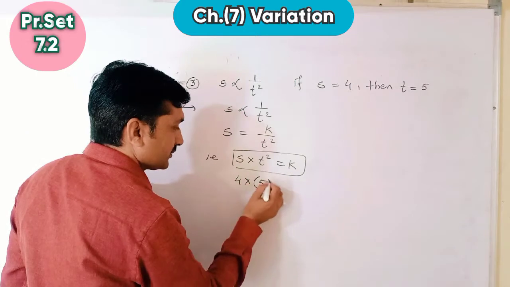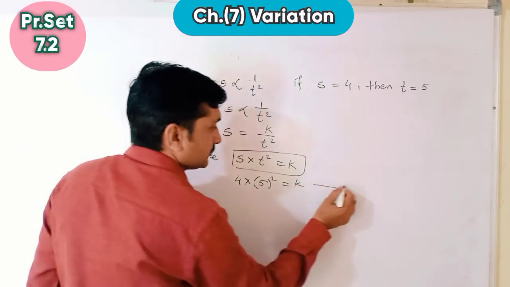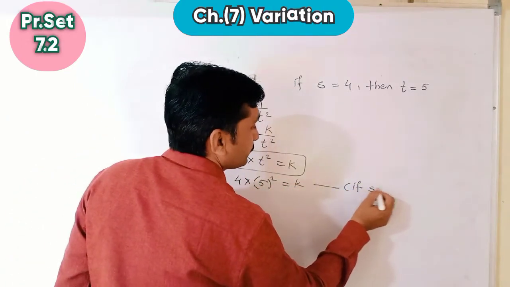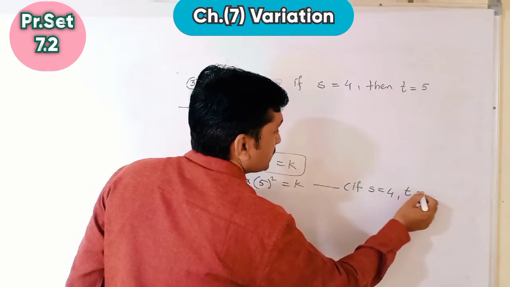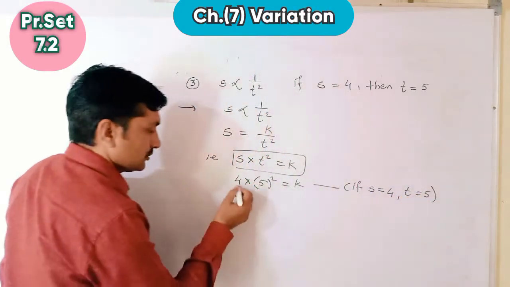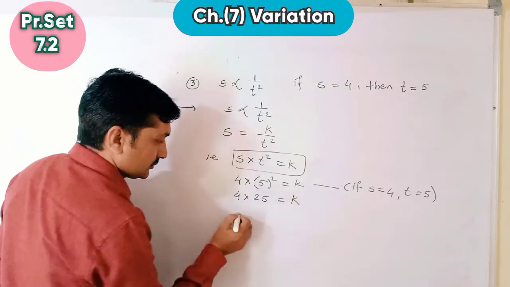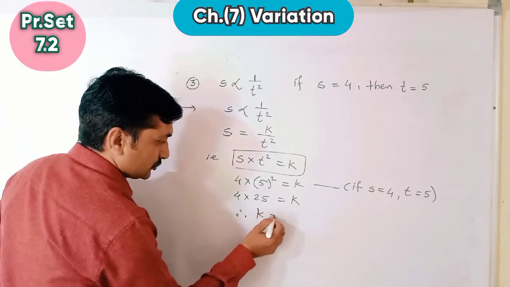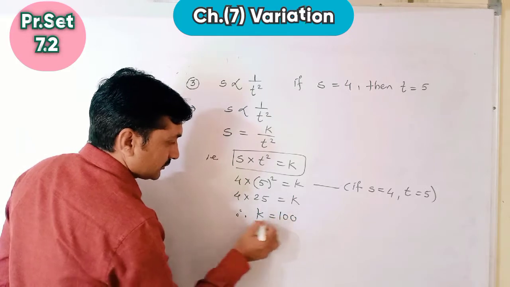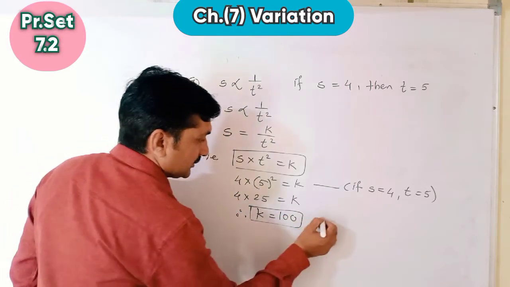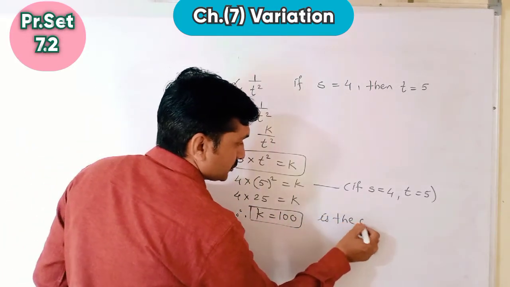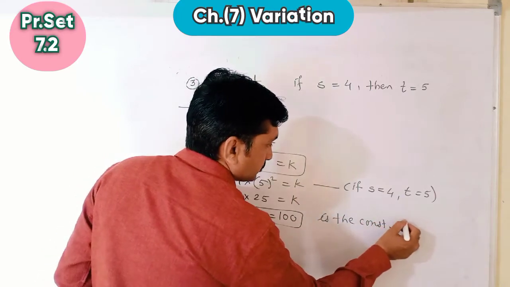In brackets write the given values: S is equal to 4, t is equal to 5. Solve this. 4 multiplied by 25 is equal to k. Therefore k is equal to 25 fours are 100, which is the constant of variation.